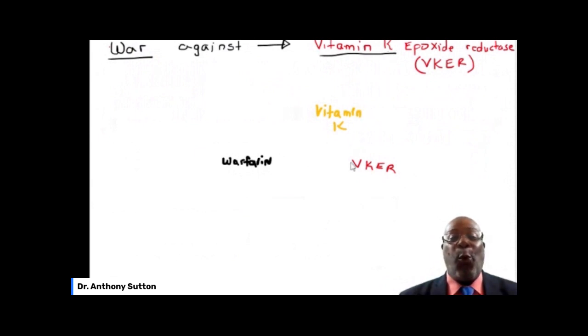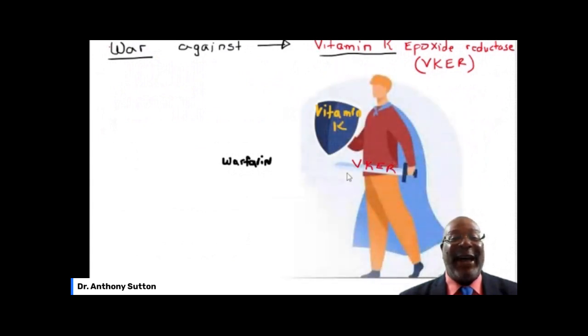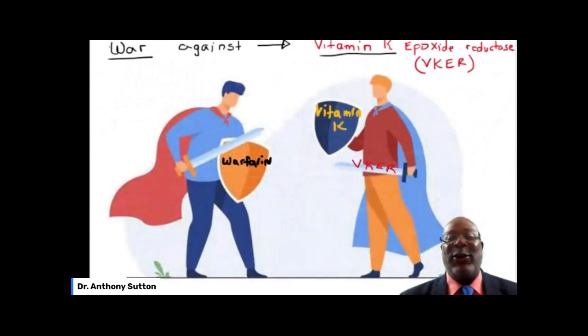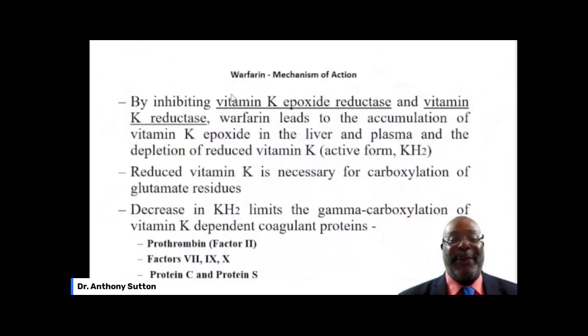Specifically, warfarin is against vitamin K epoxide reductase, VKOR. That's what warfarin inhibits, okay? So if you inhibit vitamin K, guess what happens? That's right. You inhibit that ability to clot. So remember that mechanism of action, super, super important.